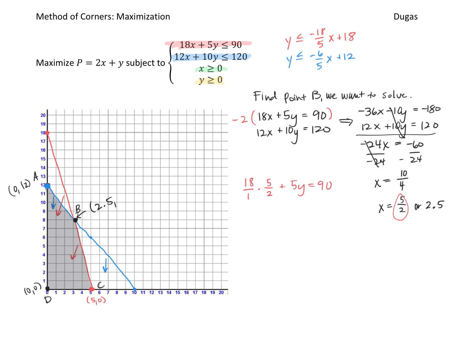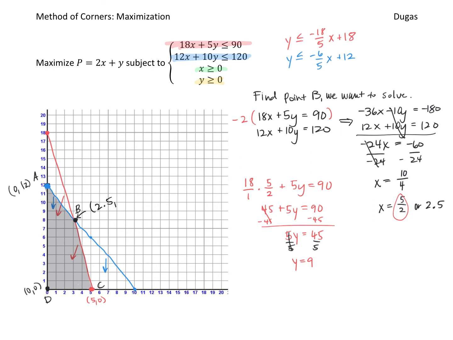So 18 times 5 is 90, divided by 2 is 45. So that will be 45 plus 5y is equal to 90. I subtract 45 from both sides, so I get 5y is equal to 45. I divide by 5, and I see y is equal to 9.